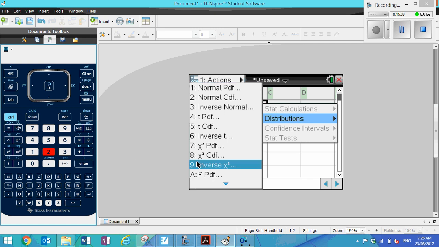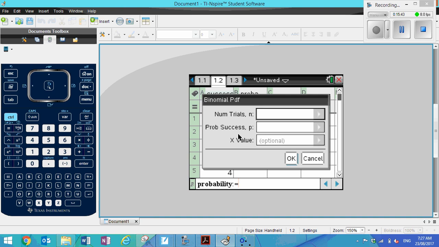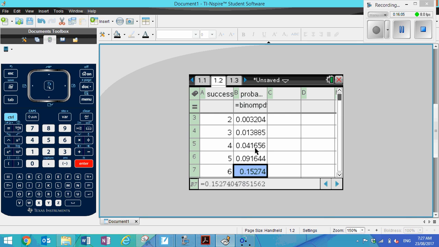Now we want to come down here and find our binomial PDF. We want the exact value, we're not doing a cumulative one. The number of trials is 15. Our probability of success is 0.5, or 0.1 for the other case, but we'll do the 0.5 one. So now when we enter, that fills in the values for the probability as a decimal, not as a percentage. So we can see that's all been filled in down to our 15.